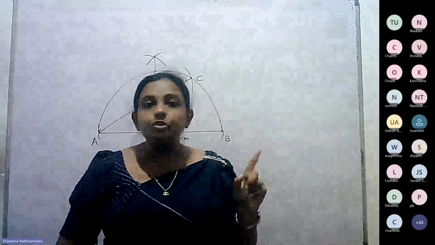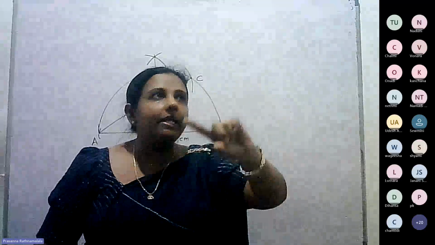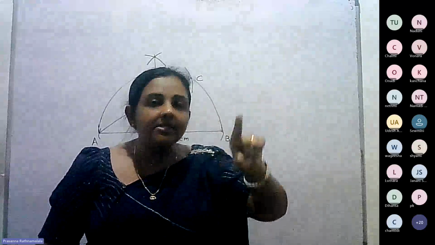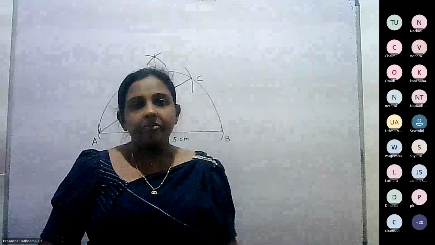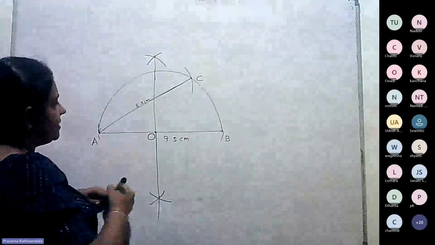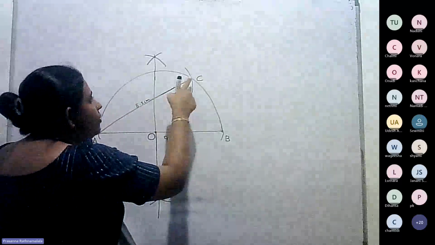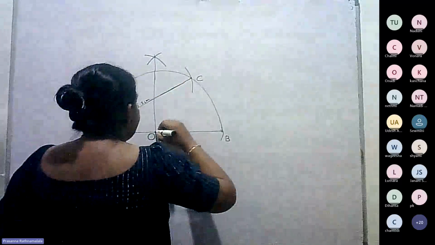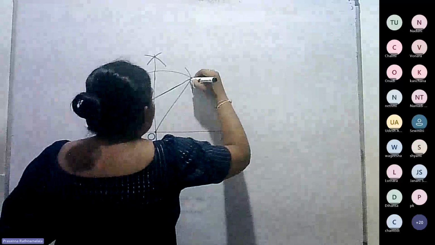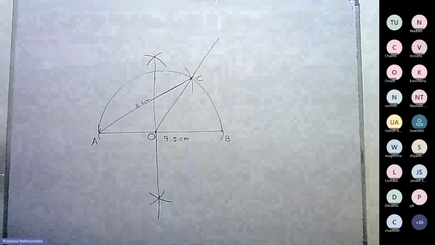First you have to join the point on the circumference and the center, and then produce it. Here is the center. Now you join this O and C and you produce it to extend the line.